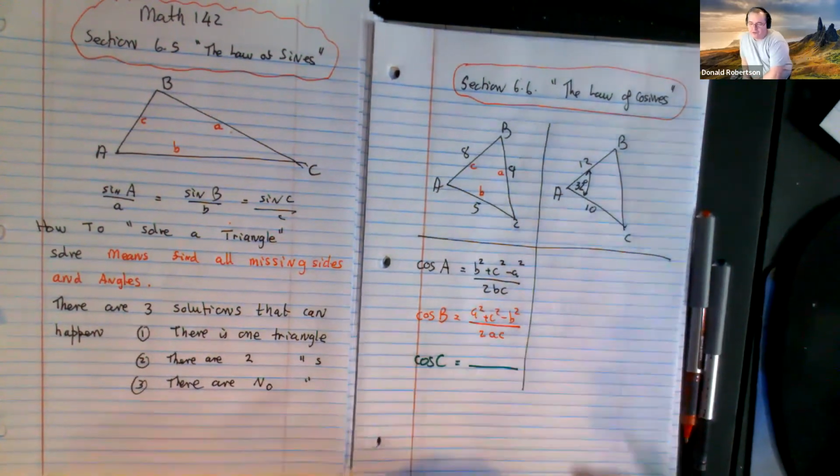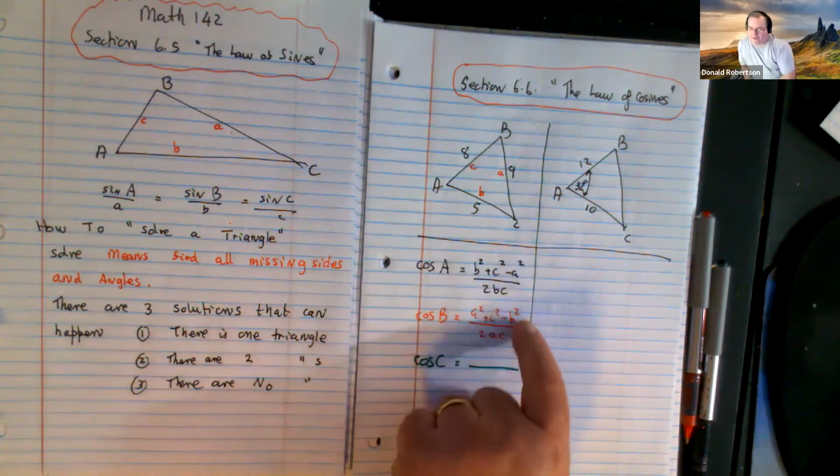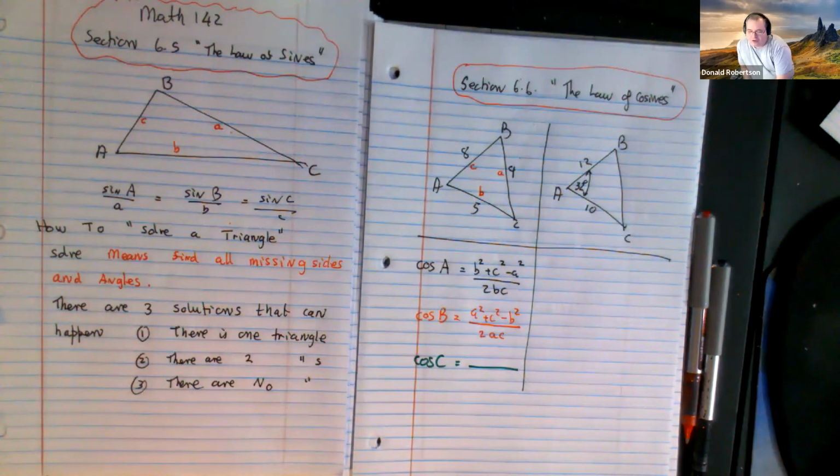Now, since you noticed it, Aaron, I'm going to keep you off this one, if you don't mind. Look at those two answers and look for patterns, because that's how you're going to memorize this. You only need to really memorize the top one, and you can figure out the other two by patterns. Looking at patterns then, what is the cosine of C going to be?